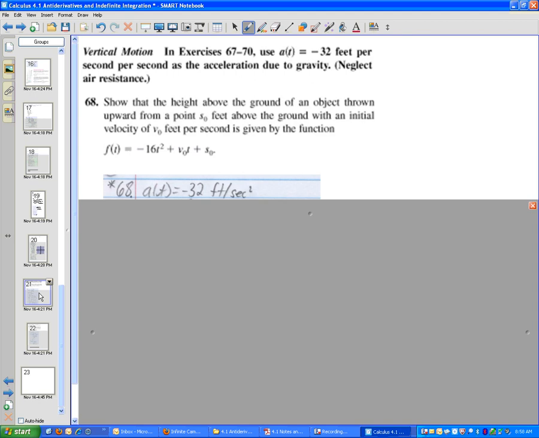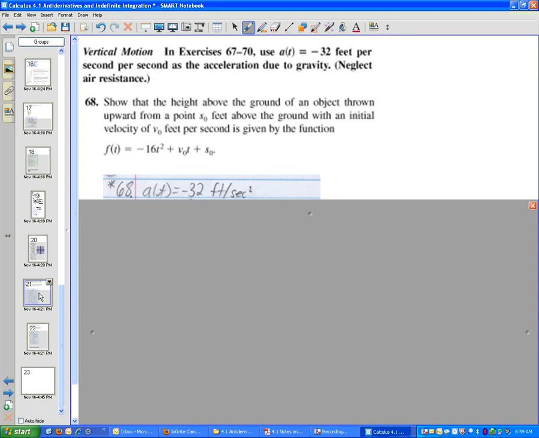In exercises 67 through 70, use a of t equals negative 32 feet per second squared as the acceleration due to gravity. And we're going to neglect air resistance, which is always a little iffy because it's a real force, okay? So anyway, neglecting air resistance.